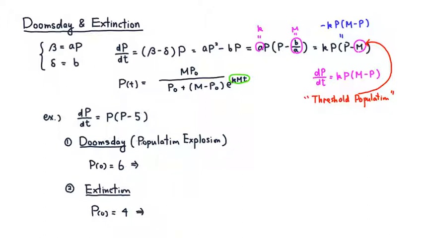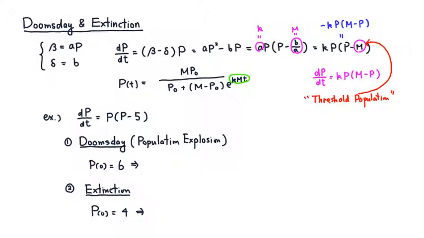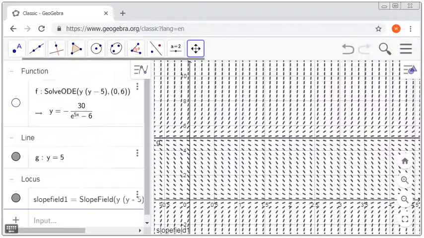Let's just say the initial population is greater than the threshold population. So we set the initial population to 6, and what happens is this. Oh, actually, this is not what I wanted to do. Here, what I wanted to do is here. So let's try to solve the ODE.